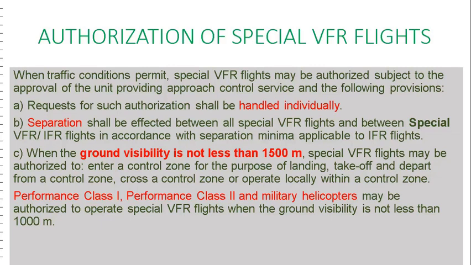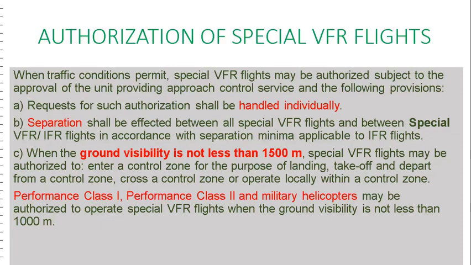But up to what minima can we authorize special VFR? This is given in the next point. When the ground visibility is not less than 1,500 meters, so your ground visibility is reported as 1,500 meters, then from 5 kilometers down to 1,500 meters of ground visibility, you can operate as special VFR flights.